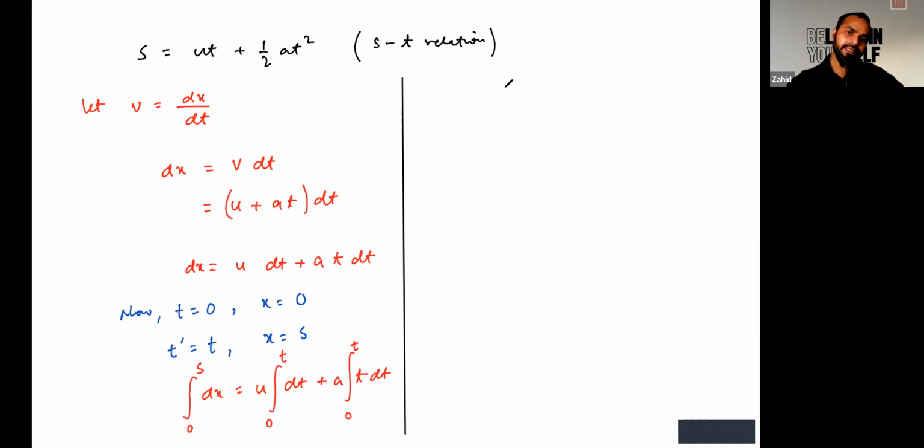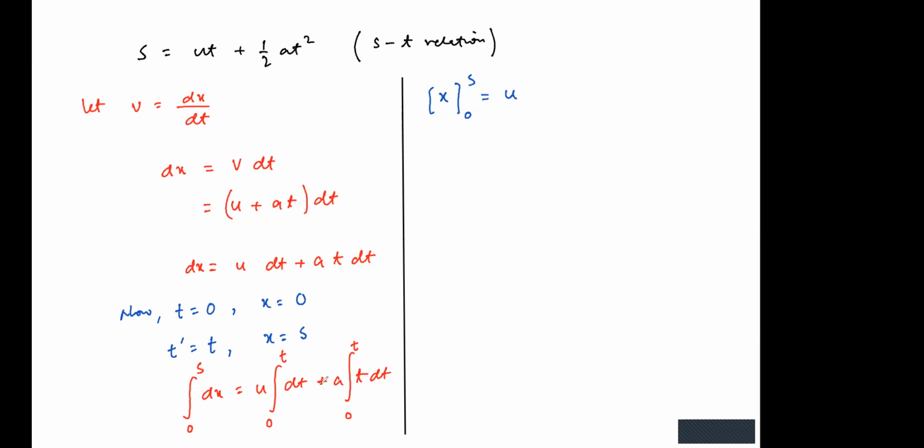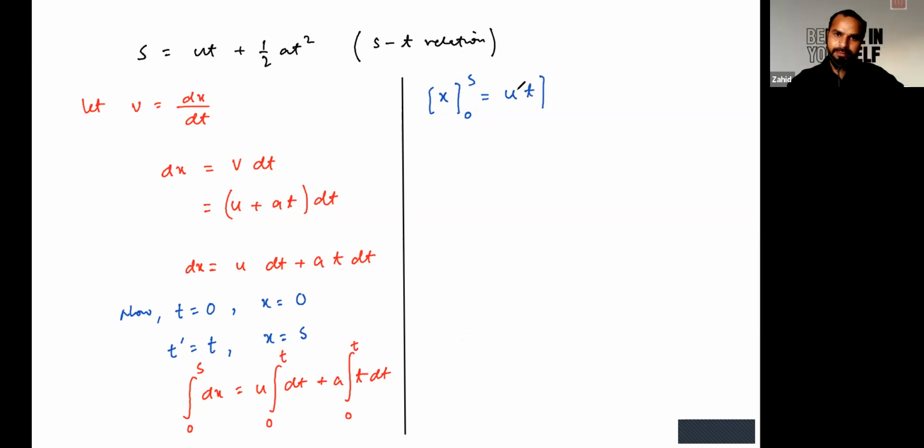Here we have dx. The integration of dx would be x with limit from 0 to s. Now u times the integration of dt would be nothing but t, good, upper limit minus lower limit, plus a. We have t to the power 1 here, so how to integrate that?